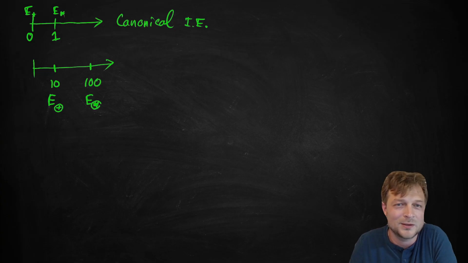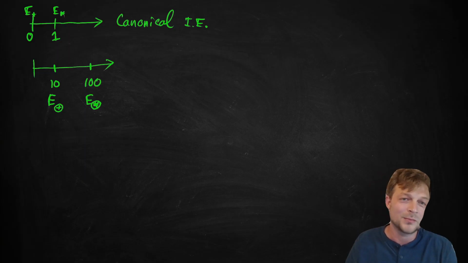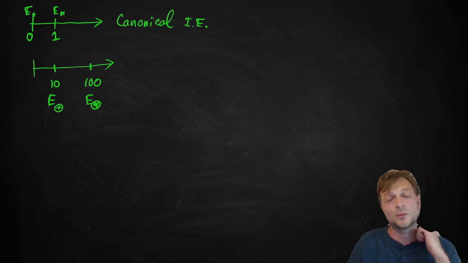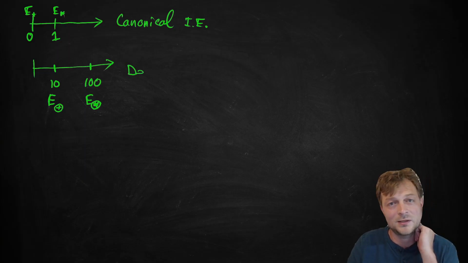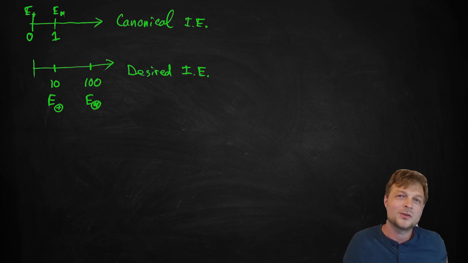We want to introduce circled plus and circled multiply, so that 10 behaves like 0 and 100 behaves like 1. So these are the desired identity elements. The obvious thing is to take a linear transformation.